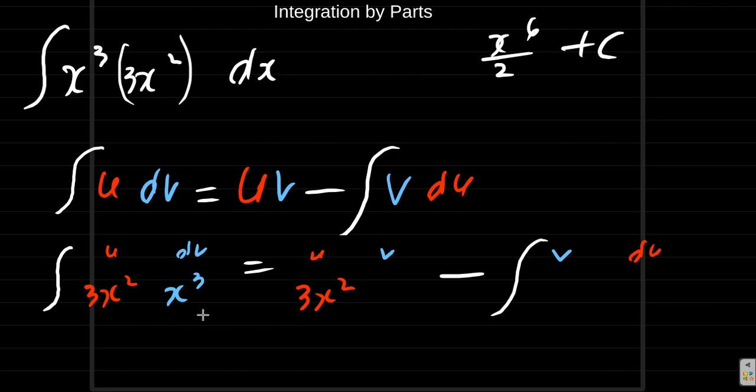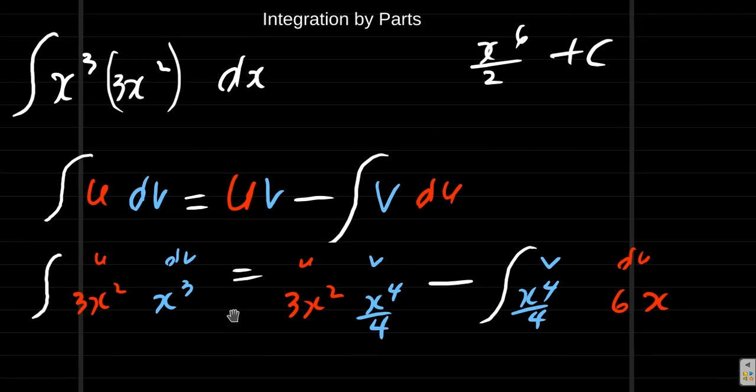Now we're moving from dv to v, so we integrate, which is x to the 4th over 4, minus the integral of v, which is x to the 4th over 4, times du. Now, to go from u to du, we differentiate. When you differentiate, you're going to have 2 times 3, 6x. So you see that?